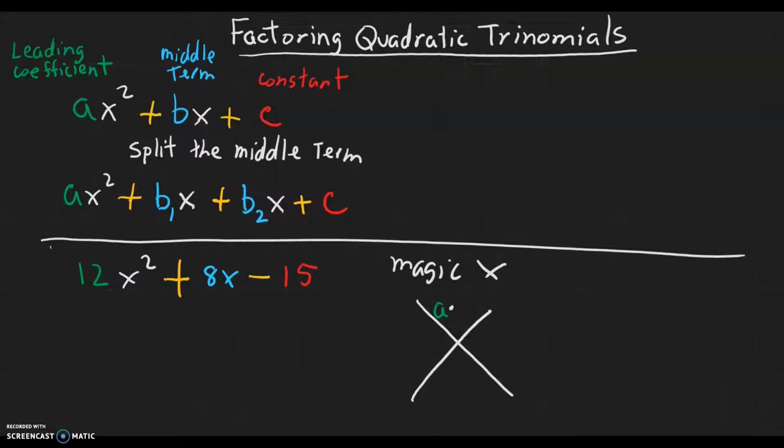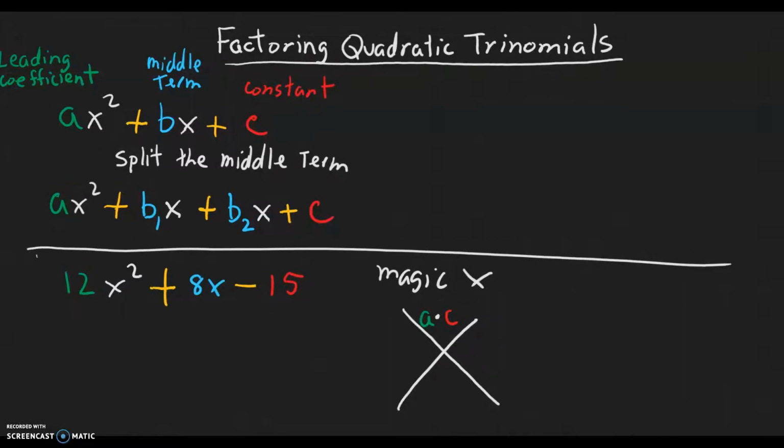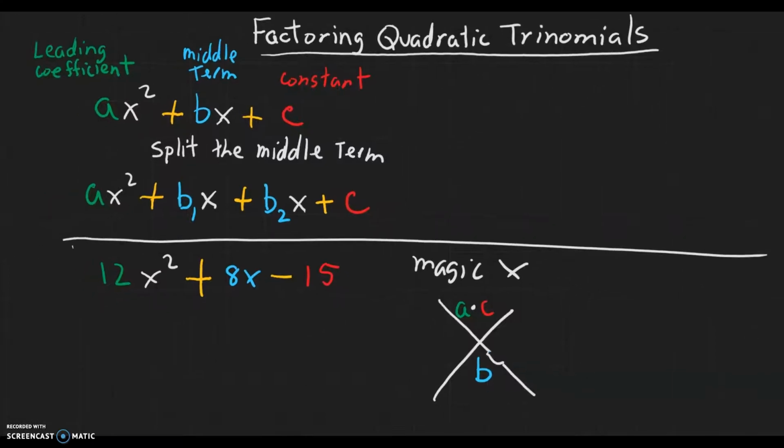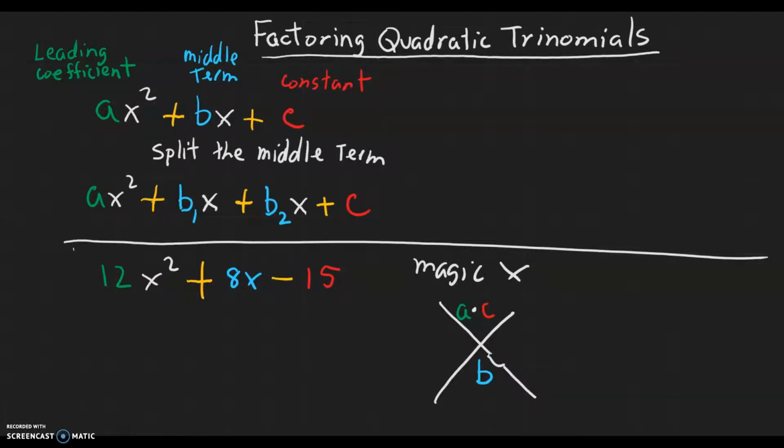A multiplied by C. And on the bottom of the X, we're going to put B, whatever that number is. So A times C on the top and B on the bottom.